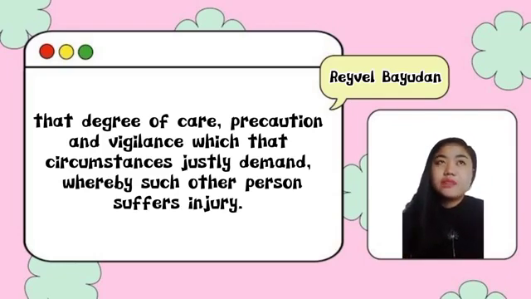Hindi niya iniisip na may accident na mangyayari or injury crash or car crash if diretso-diretso niya yung daan. So, hindi niya sinunod yung contract or the rules in the road na pag may signal na stop, you should stop also.